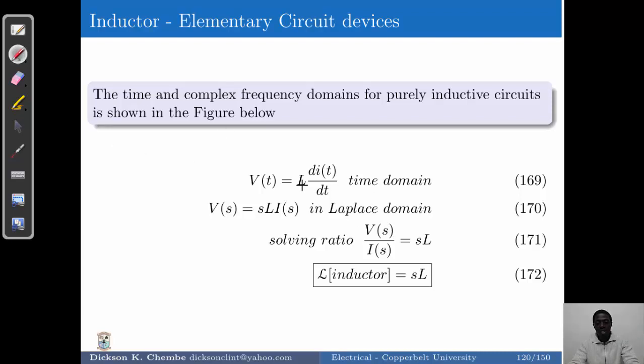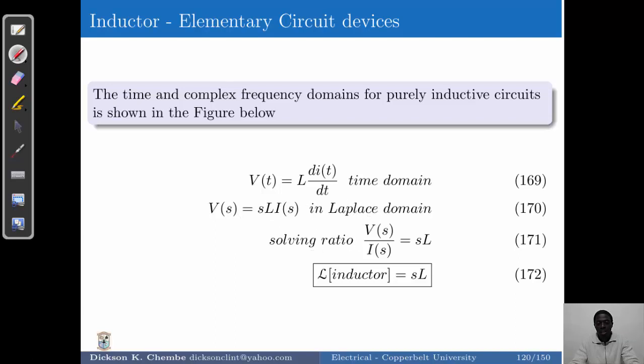In the time domain, the voltage across the inductor, vL(t), is simply L di/dt, and the voltage across that inductor in the Laplace domain is sL times I(s).